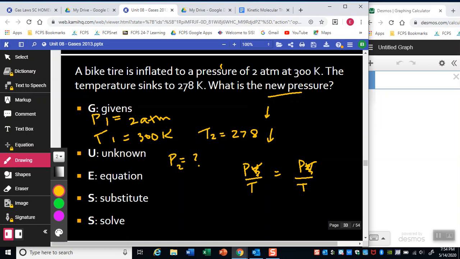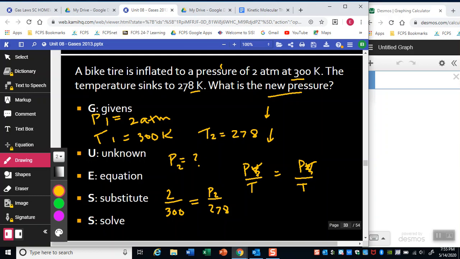So let's substitute in what we've got. My initial pressure is 2 atmospheres and the initial temperature is 300. I do not know what the new pressure is, so that's my variable, my new pressure. And then my new temperature is 278. It went down, right? It started out at 300 and it went to 278.